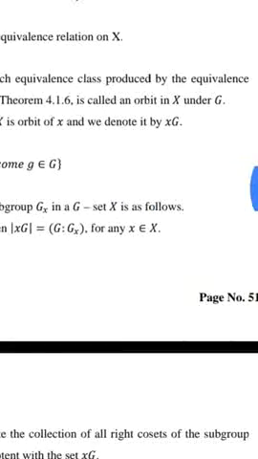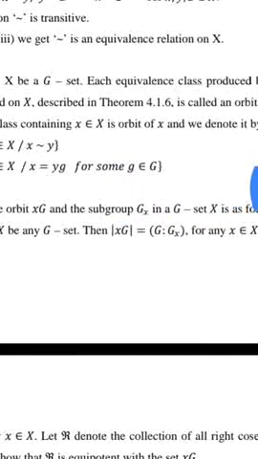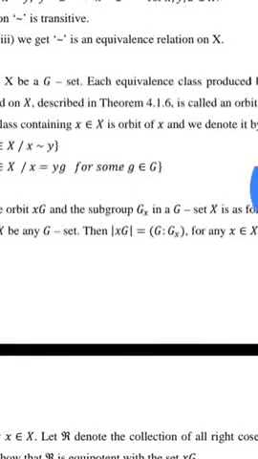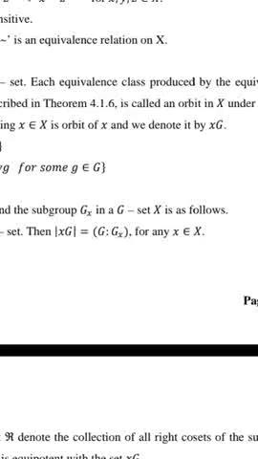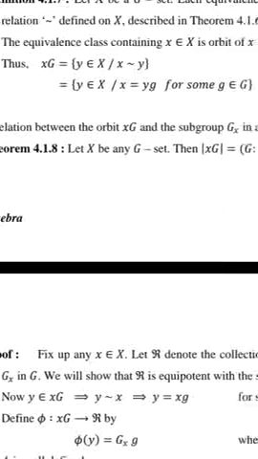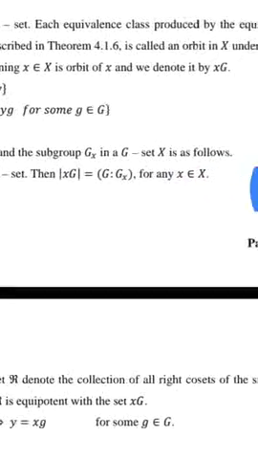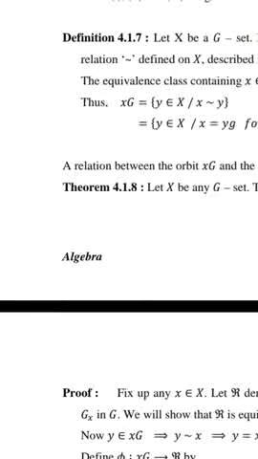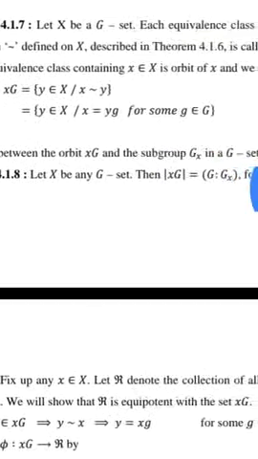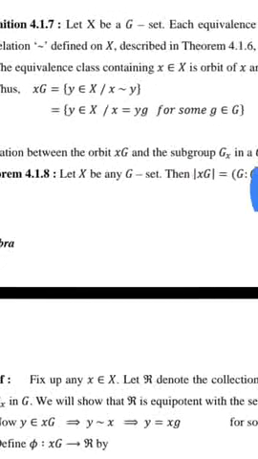Each equivalence class produced by an equivalence relation defined on X is called the orbit of X under G. The equivalence class containing x belonging to X is the orbit of x, and we denote it by xG. xG is equal to {y belongs to X such that x is equivalent to y}, which is equal to {y belongs to X such that y is equal to xg for some g belongs to G}.